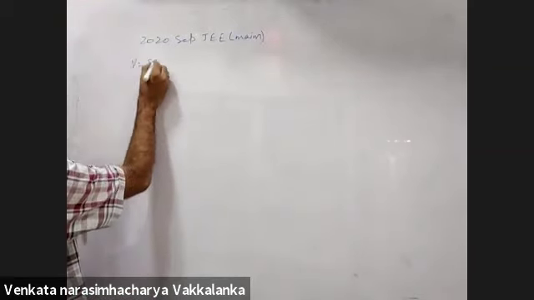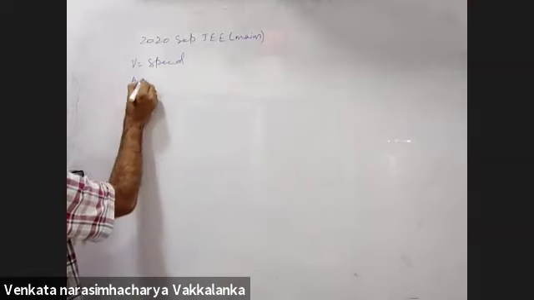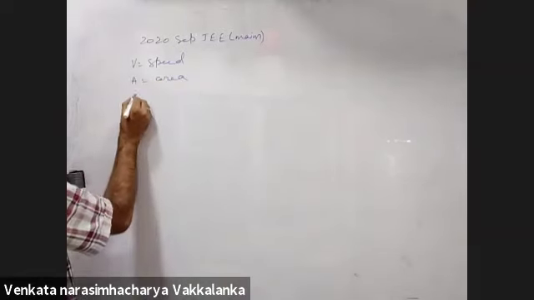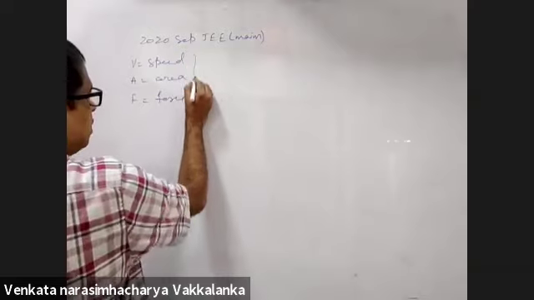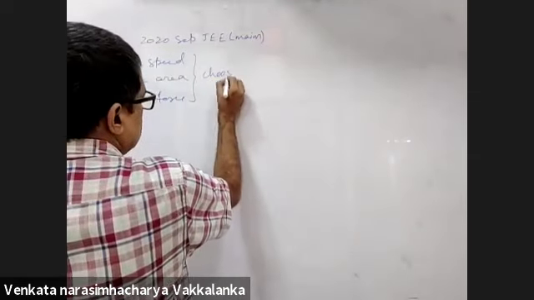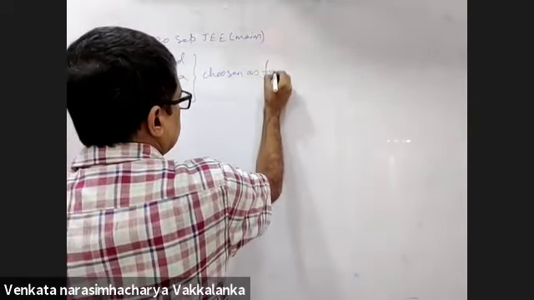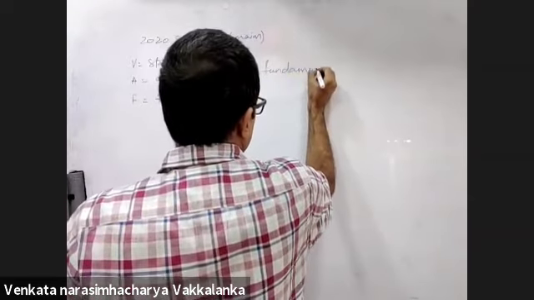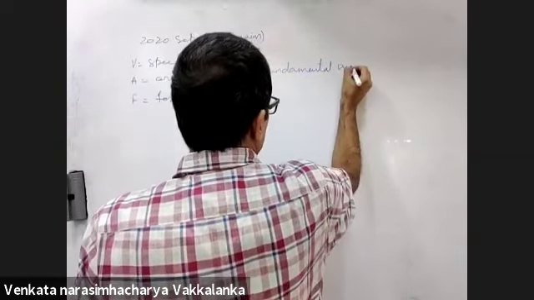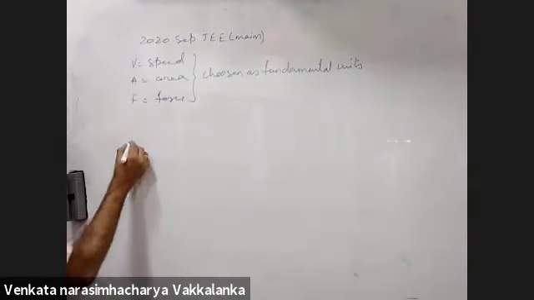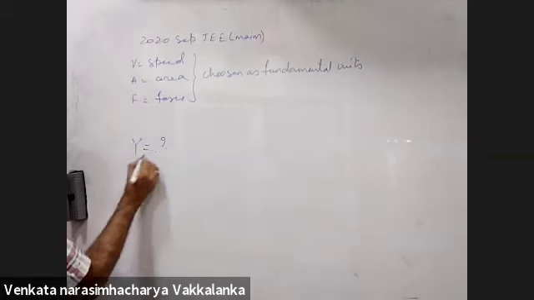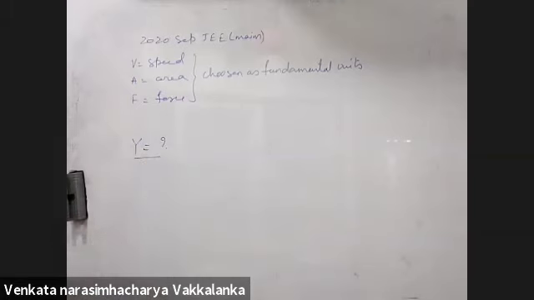B stands for speed, A stands for area, F stands for force. Chosen as fundamental units. Find the dimensional formula of Young's modulus.